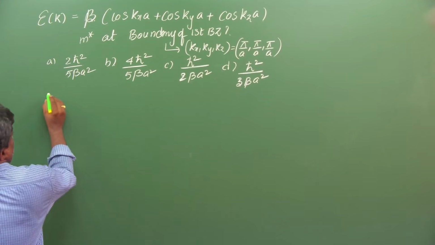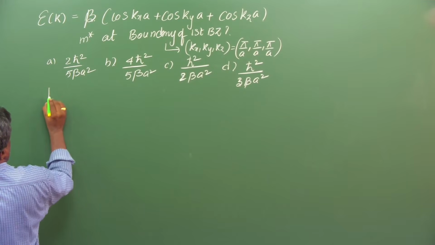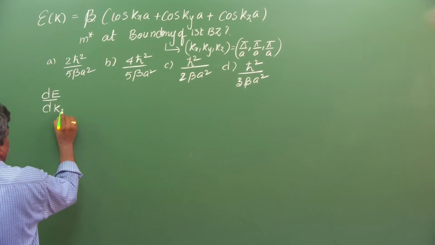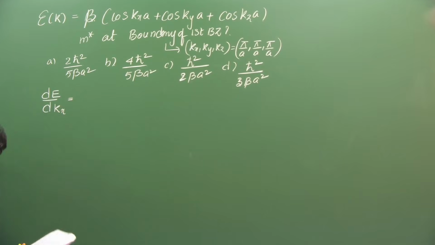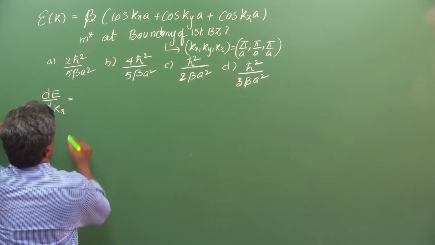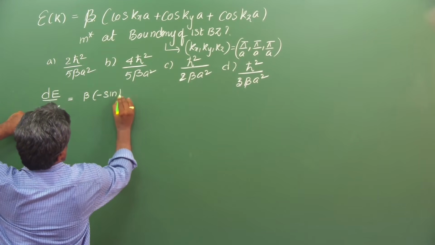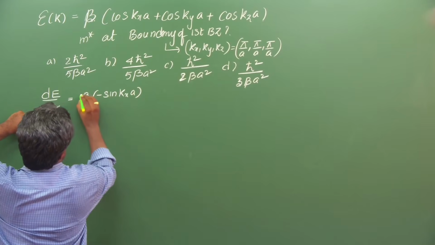So energy is given. First we have to find the one-time derivative, dE by dkx, dE by dky, dE by dkz. After that you can add. dE by dkx is minus beta sin kxa into a.